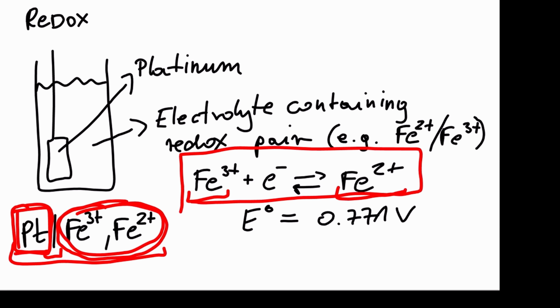If this cell works as an anode, this reaction proceeds from right to left. So iron ions are then oxidized. Of course, platinum, as you know, plays the role of a matrix.